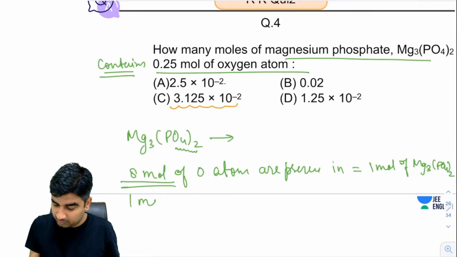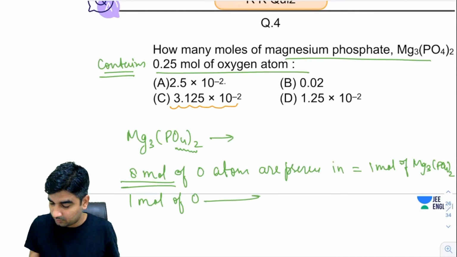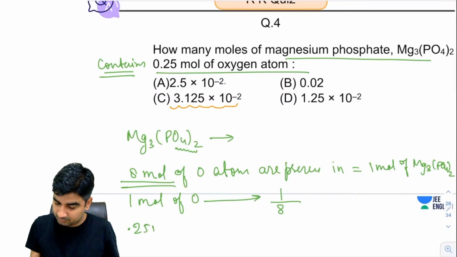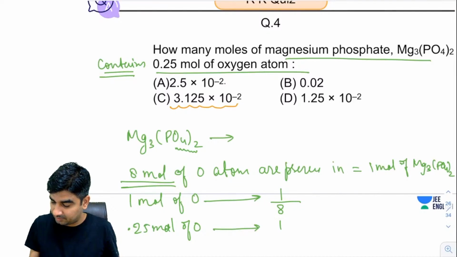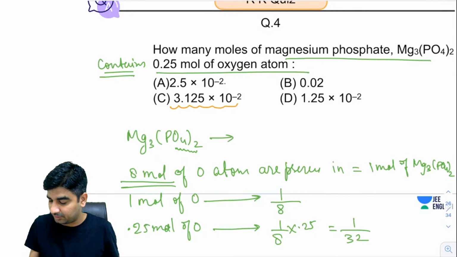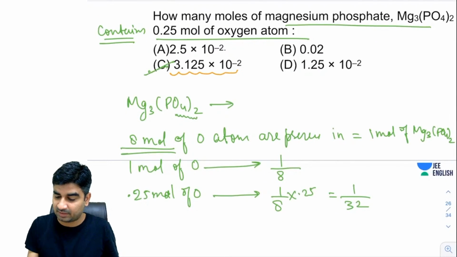So 1 mole of O will be present in 1 upon 8, and 0.25 mole of O will be present in, so it will be 1 by 32. So what will be the answer now? It will be, I think, C.